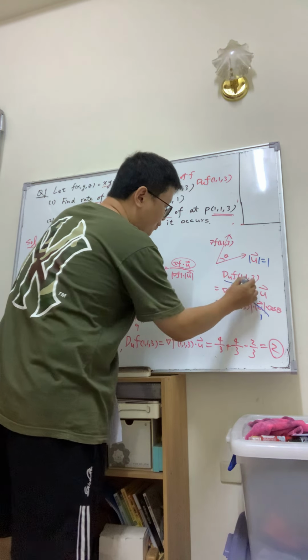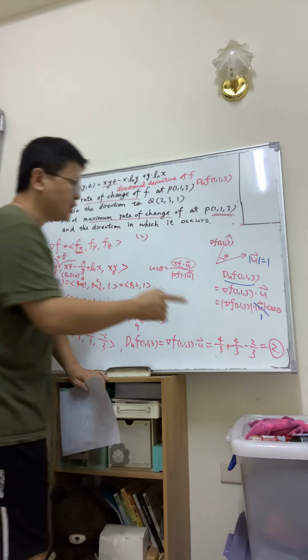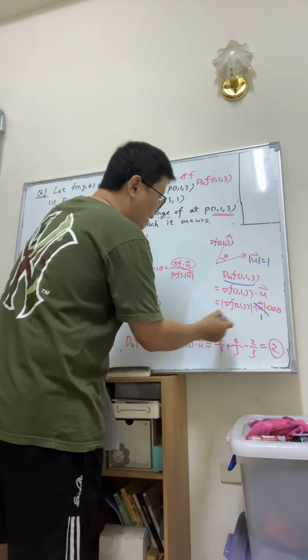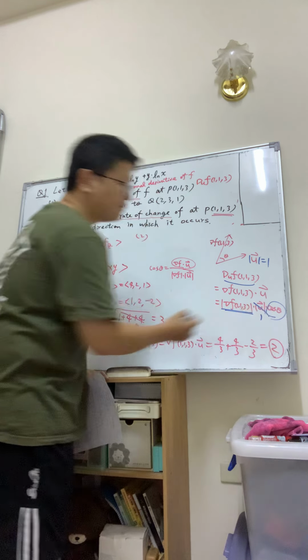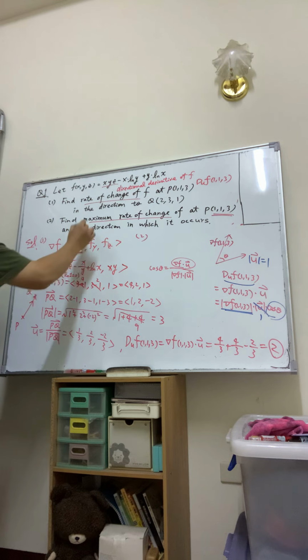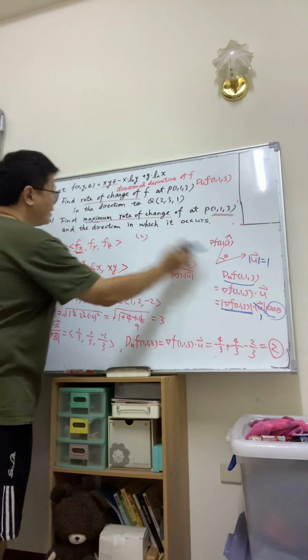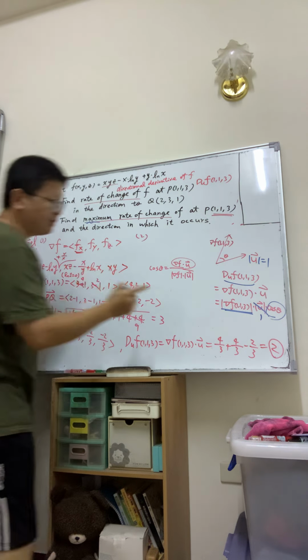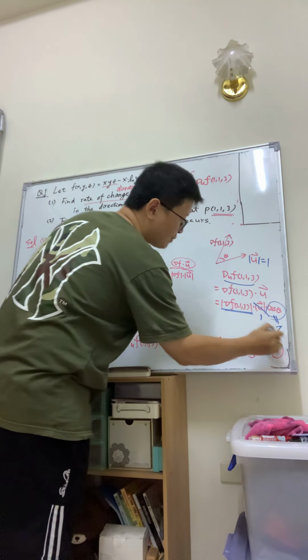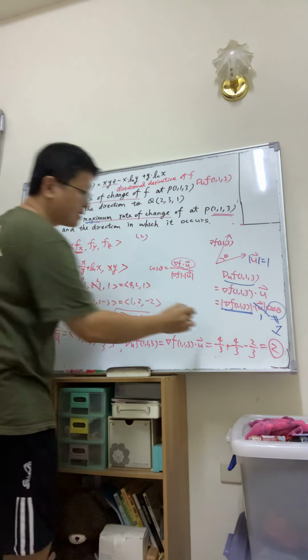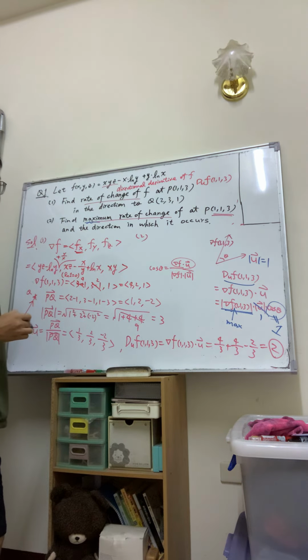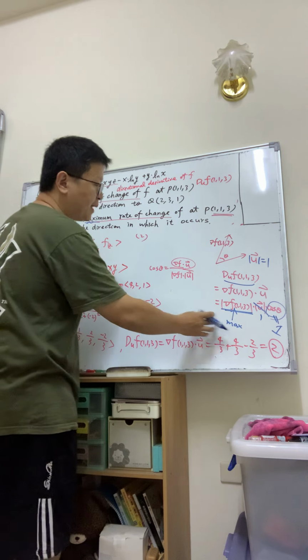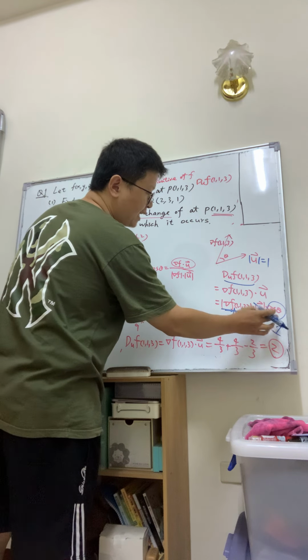So for each direction, the directional derivative must equal the length of the gradient multiplied by cosine theta. What's the maximum of this value? The maximum happens when cosine theta equals 1.